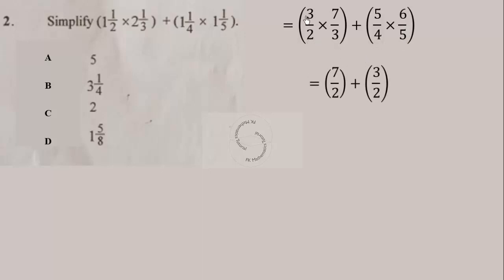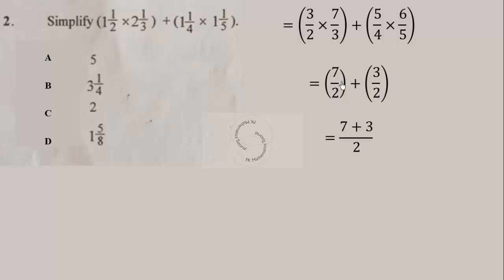So these 3 cancels out and we have 7 over 2 here. This 5 also cancels this, and 2 goes here 2 times and 2 goes here 3 times. So we have 3 over 2.